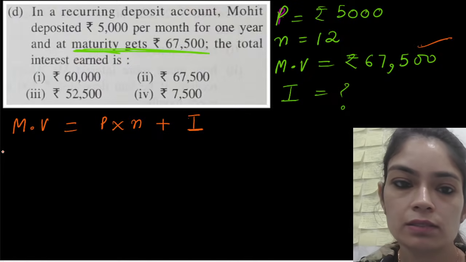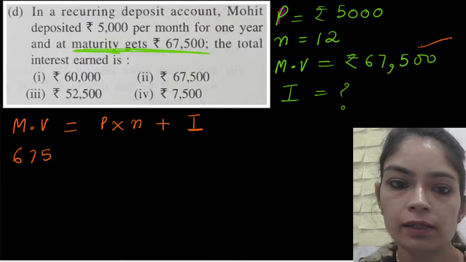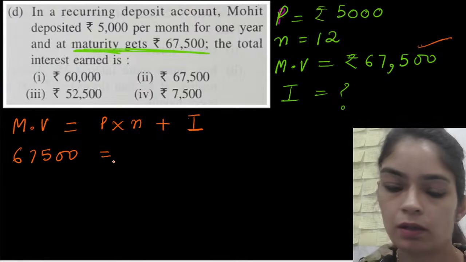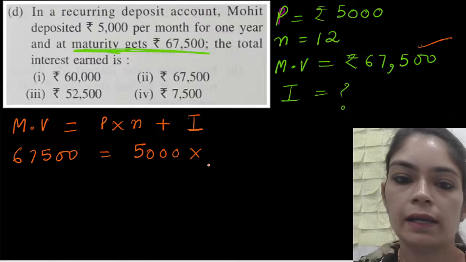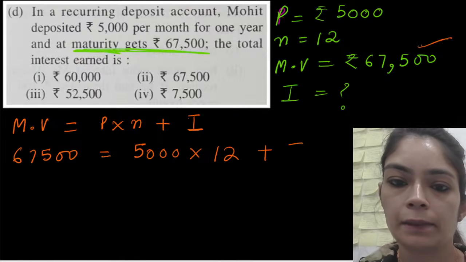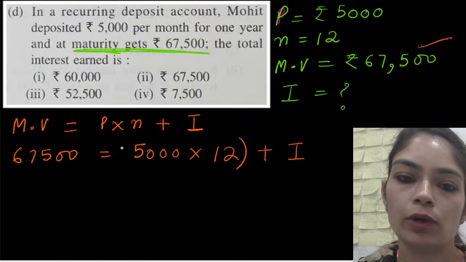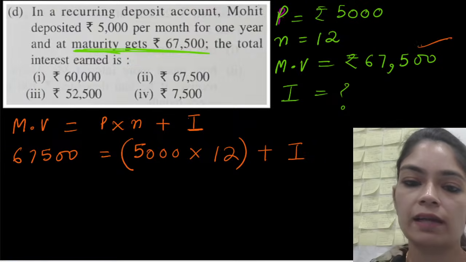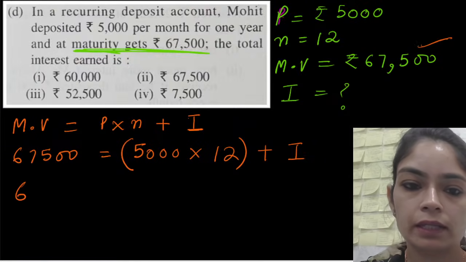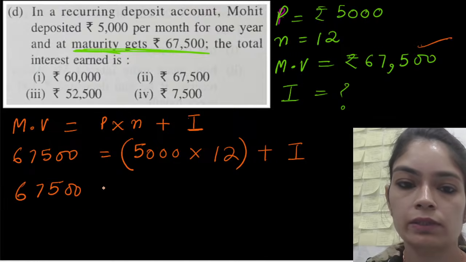So MV is 67,500. P is 5,000, N is 12, plus I. Again here we have to follow BODMAS: multiplication first and then addition. So we can just multiply, very simple question.